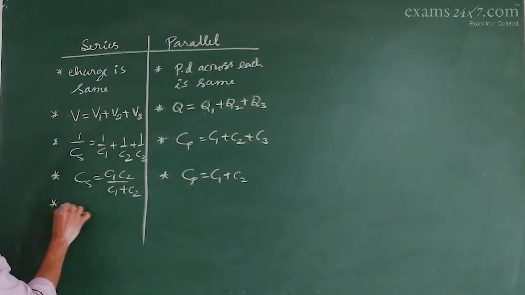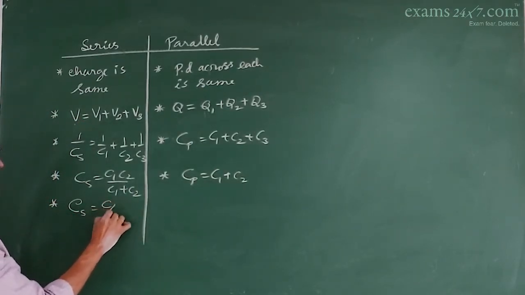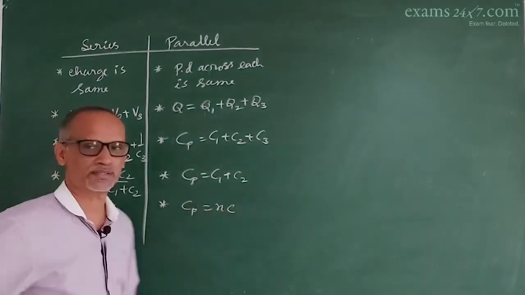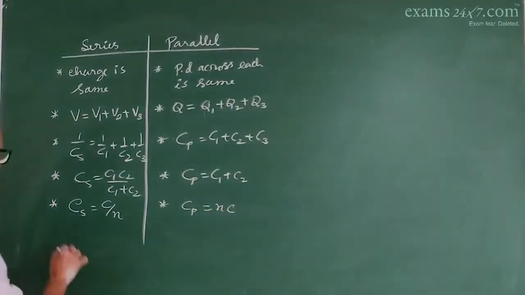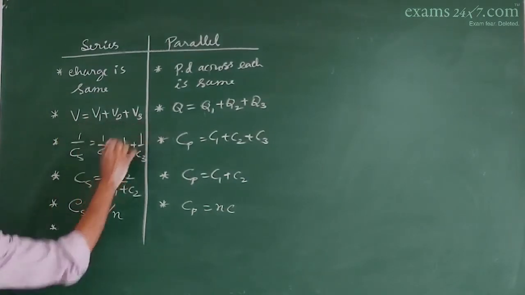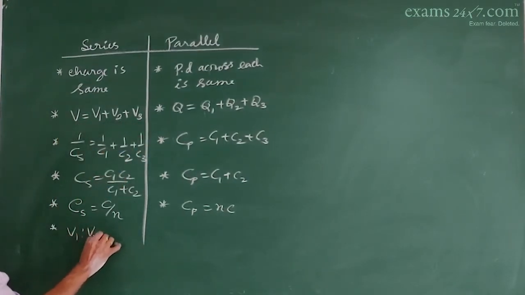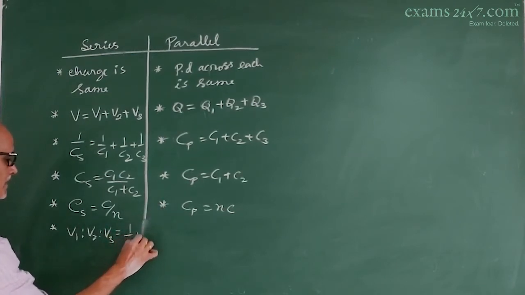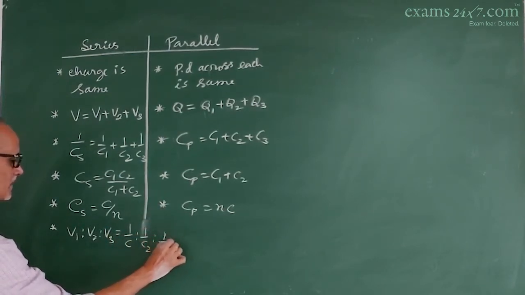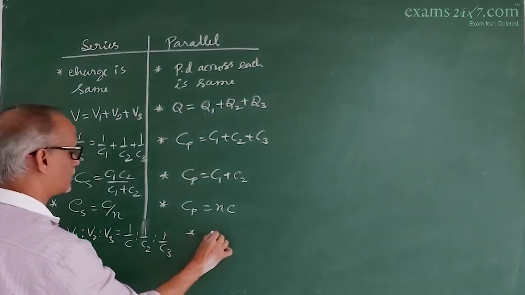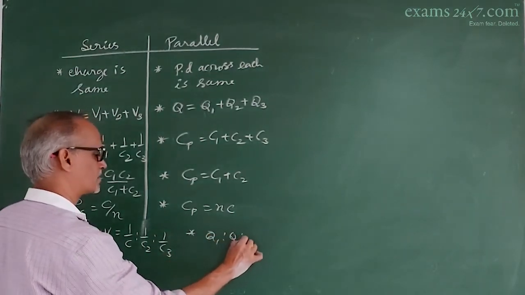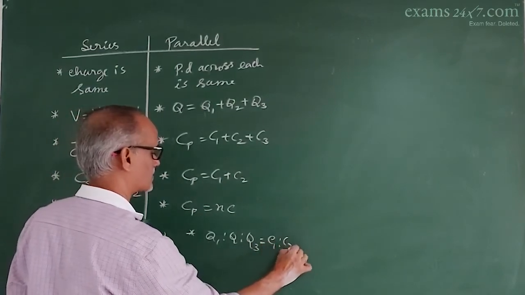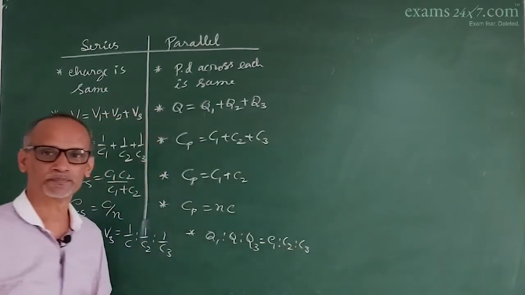When there are n identical capacitors, Cs is equal to C by n, and Cp is equal to n into C. The ratio of the potential differences V1 : V2 : V3 is equal to 1 by C1 : 1 by C2 : 1 by C3, and here the ratio of the charges Q1 : Q2 : Q3 is equal to C1 : C2 : C3.